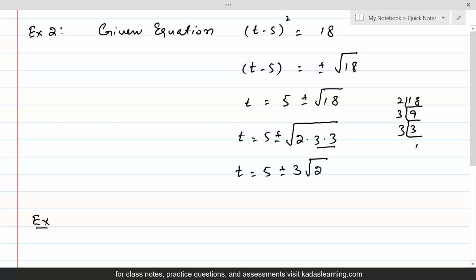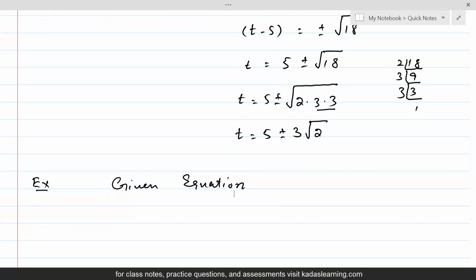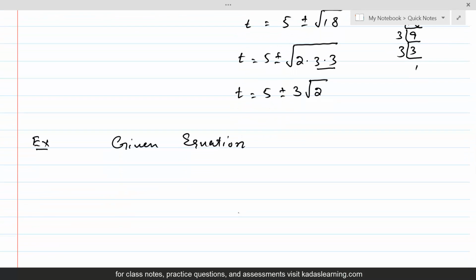Example number 3. The given equation is 3x squared is equal to 75. If that is so, then x squared will be equal to 75 over 3.